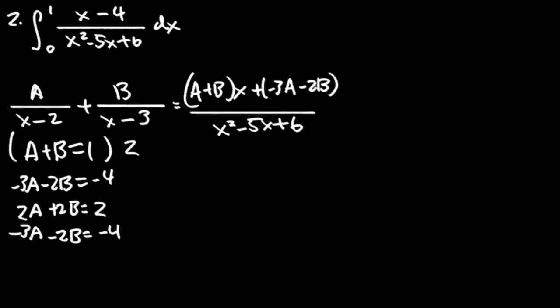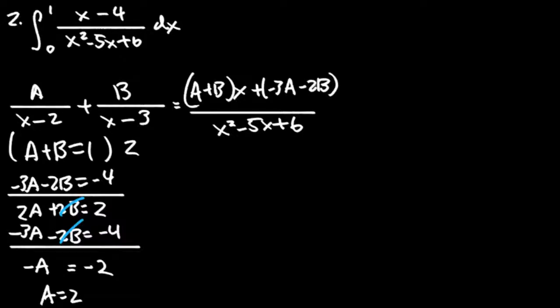We didn't do anything to it. All right, so now that 2b is going to be gone, we have -a equals -2 if we're just adding these together. That means a equals 2.